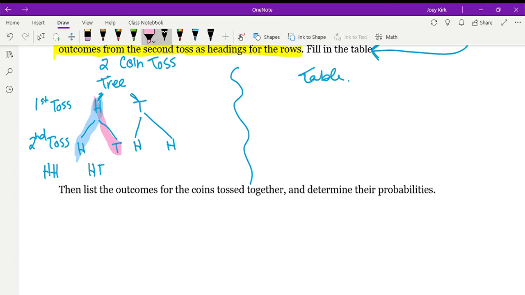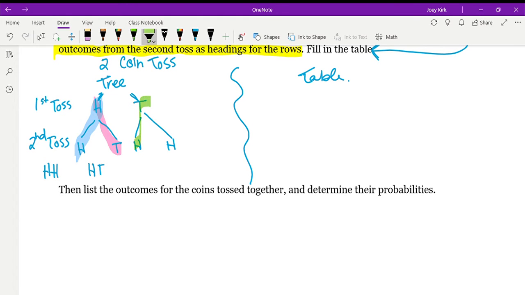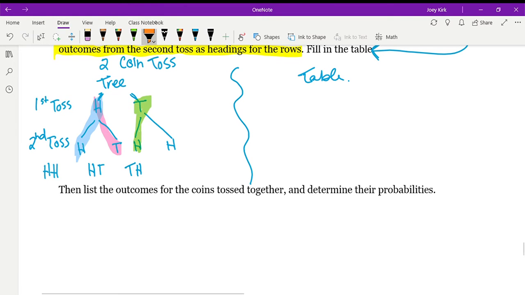A third option, we could get tails and then heads, right? Tails and then heads. And our last option, let's use orange. Our last option, oops, you'll notice that I probably said that we could get heads or tails here. Sorry.